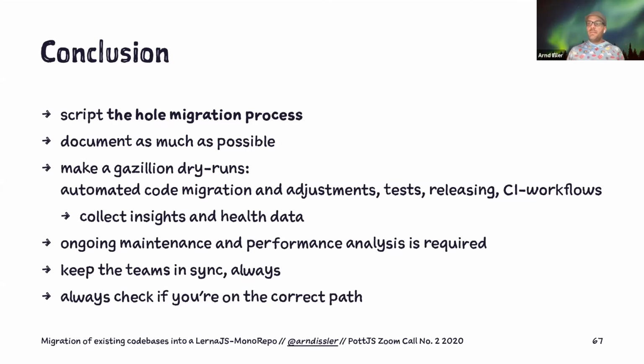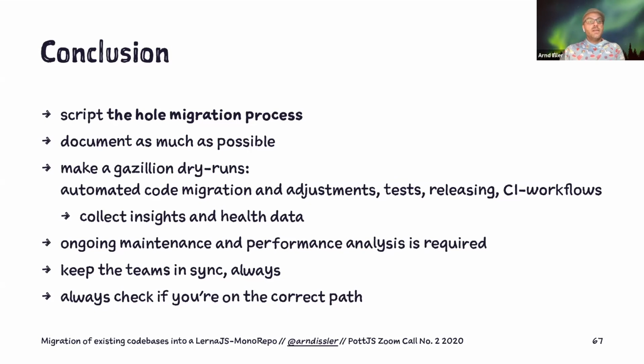Maybe people don't know, maybe people haven't read the documentation. Just make sure that the monorepo is always in good shape, because when the monorepo is blocked, maybe your whole IT department is blocked, maybe the whole company is blocked, and this is not a situation you would want to find yourself in.